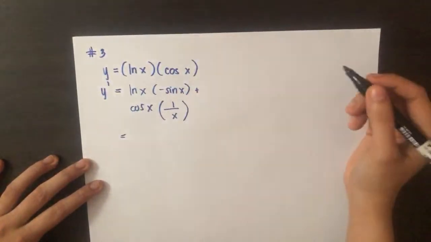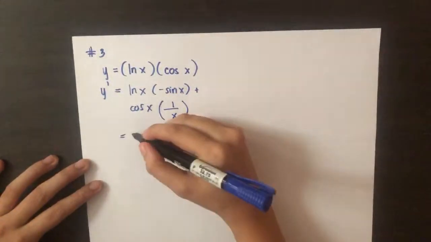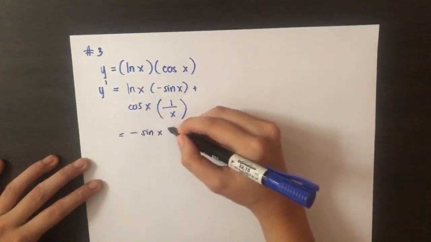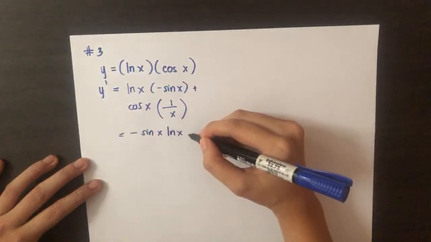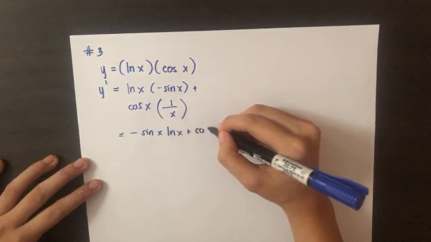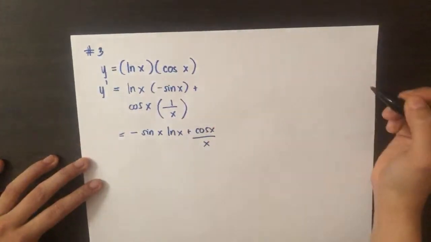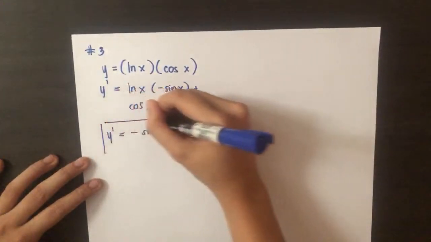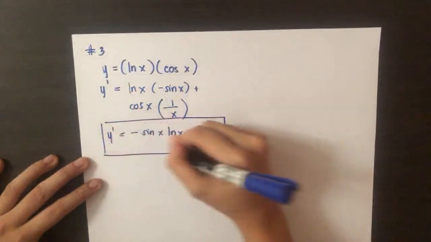So, simplifying, negative sine x ln of x plus cosine x over x. Ayan. Yan na yung sagot. Or pwede mo pa naman siyang i-simplify kung gusto mo.